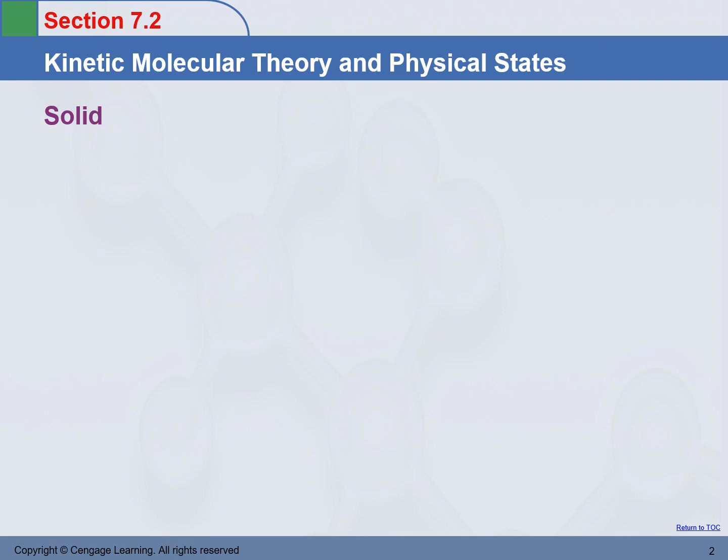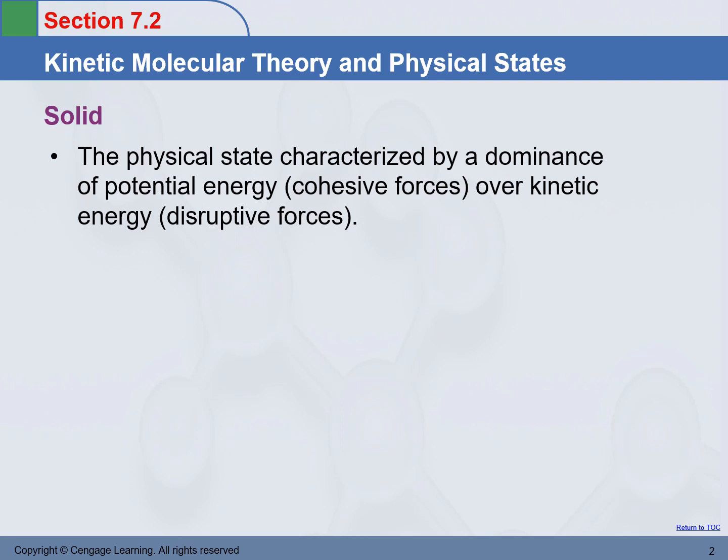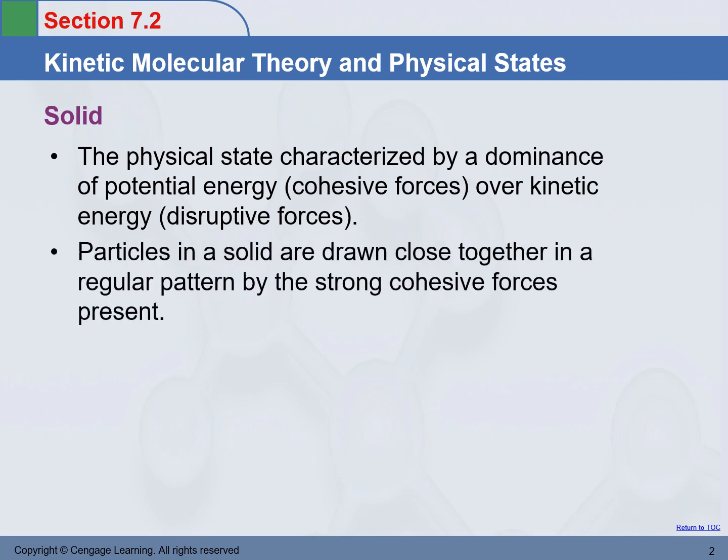Now let's look at the solid state. The solid state is a physical state characterized by a dominance of potential energy. Kinetic energy is very minimal. Particles in the solid state are drawn close together in a regular pattern by the strong cohesive forces.